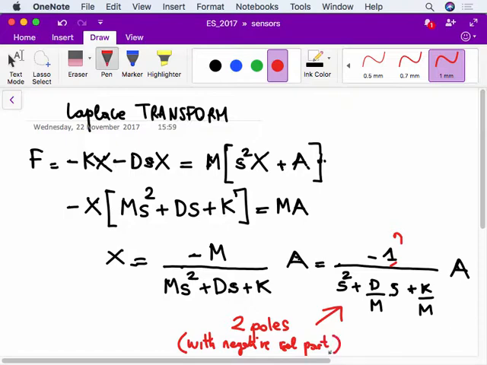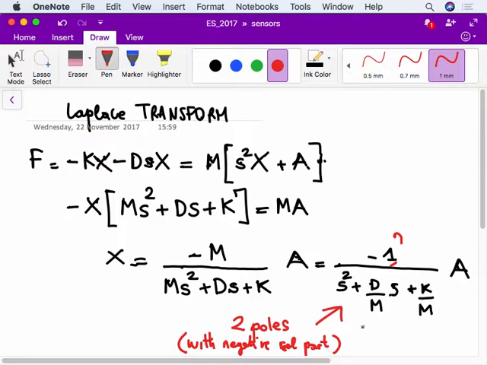So, which means that the system is stable, and the poles are real if the damping term is sufficiently high, because the damping term is in the coefficient of the first degree. So the higher it is, the smaller is the imaginary part, until all the poles are real. And this is the role of the damping term. If I have real poles, what I have is a low pass system.